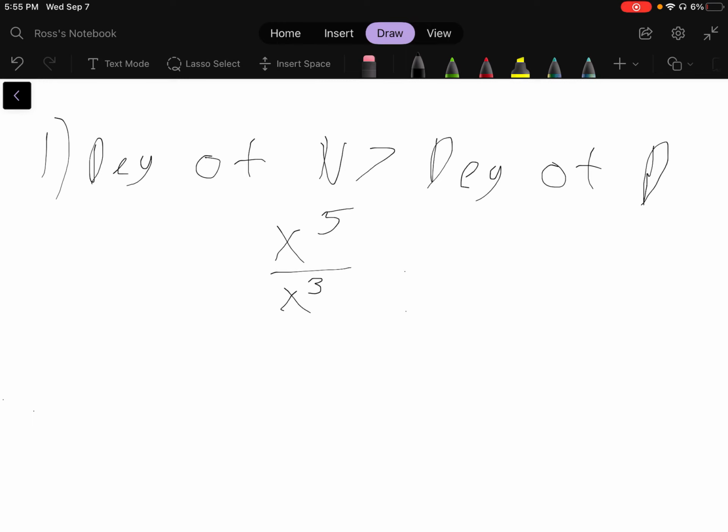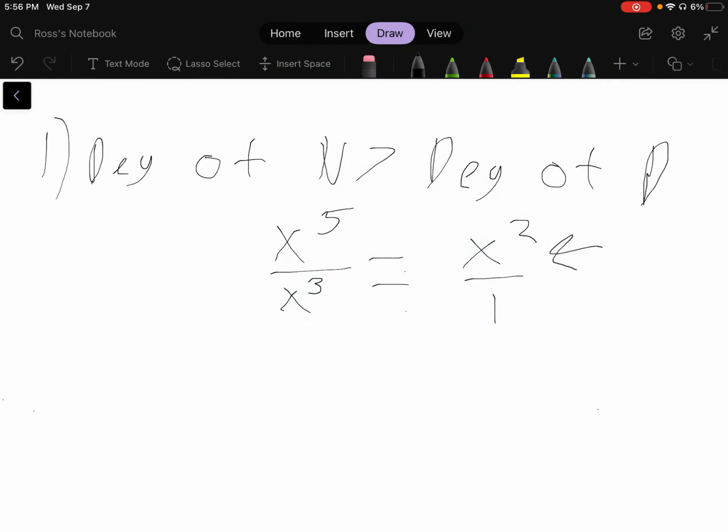That's degree of numerator greater than degree of denominator. Conceptually, this makes sense because x to the fifth over x cubed is basically x squared over 1, if I'm simplifying this, and that means the function is going to follow the behavior of x squared. It's not going to trend towards a specific line. So as x gets bigger, it follows x squared. It doesn't follow toward a specific line.